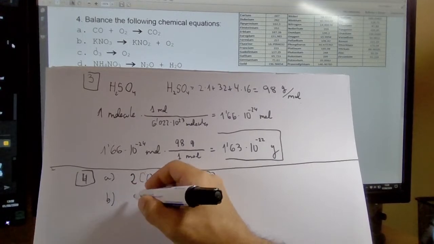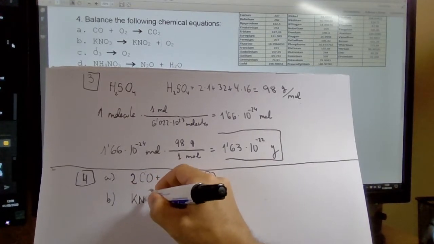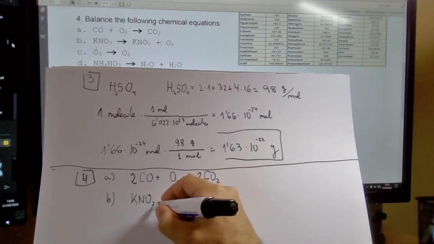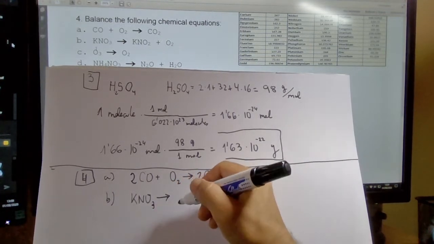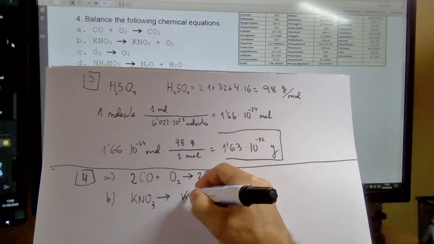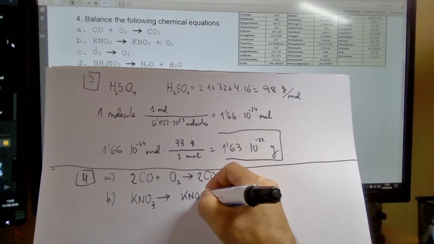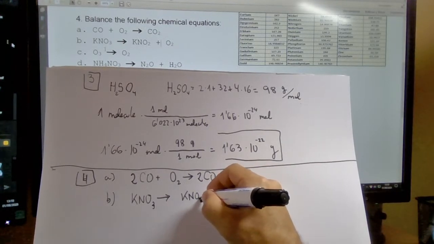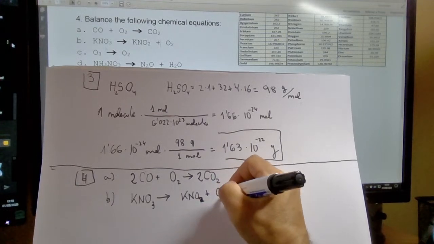Letter B, the composition of potassium nitrate, nitrato de potasio, and the composition in nitrito de potasio, and oxygen.